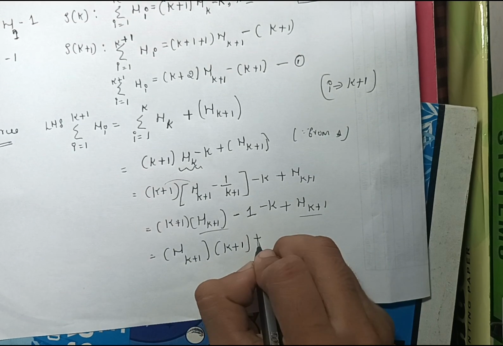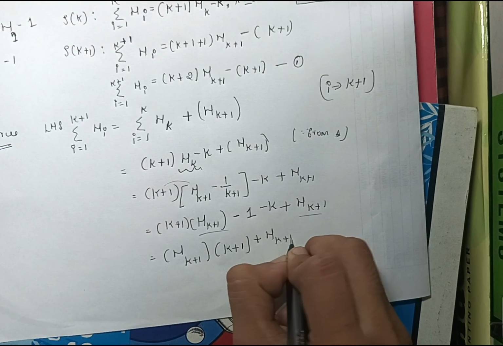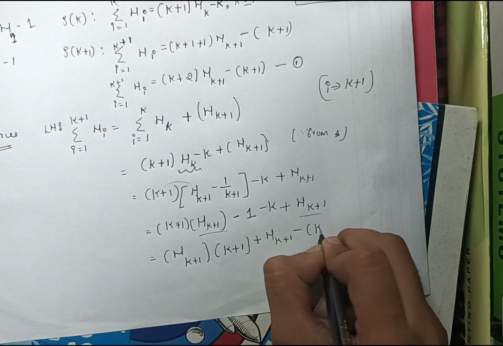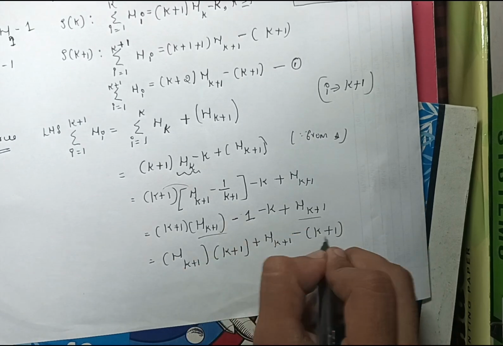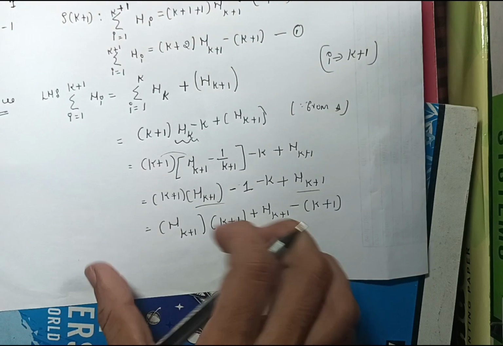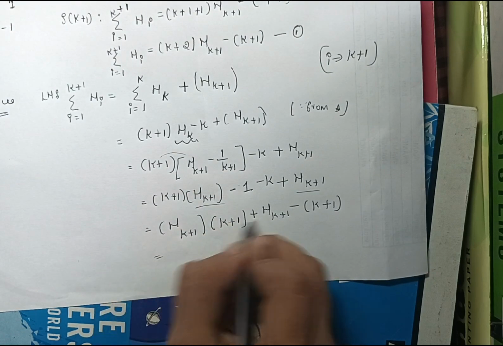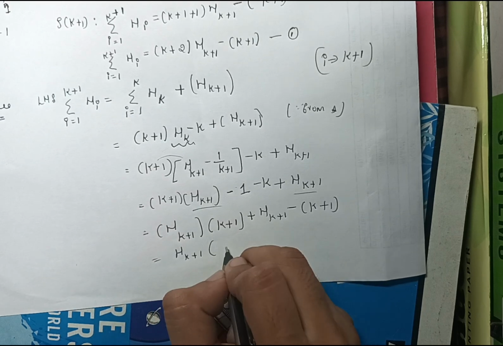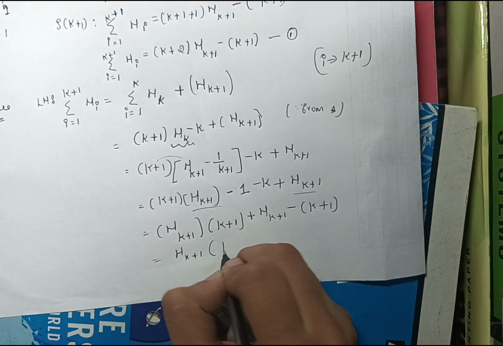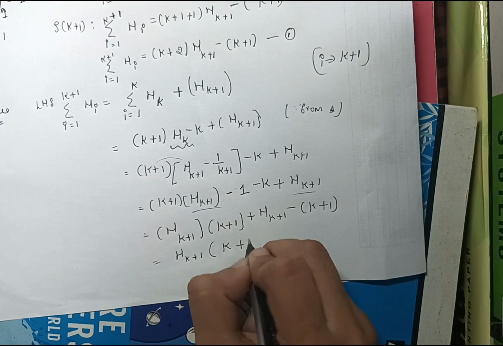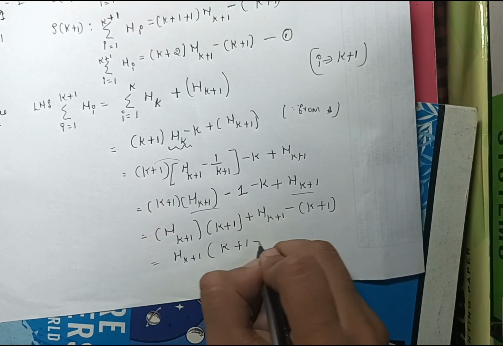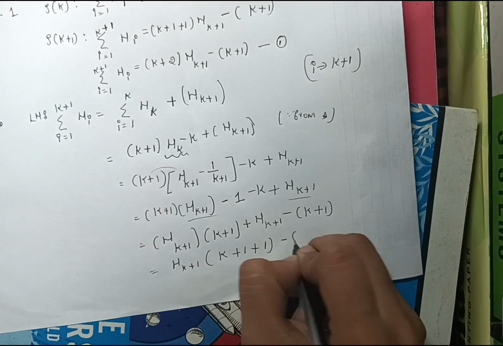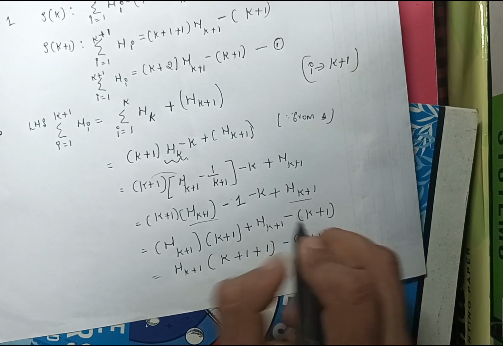First write it together. H of k plus 1 minus term, write separately the minus term and the positive term. Now take h of k plus 1 out. Remaining is k plus 1, here common is plus 1, minus k plus 1.